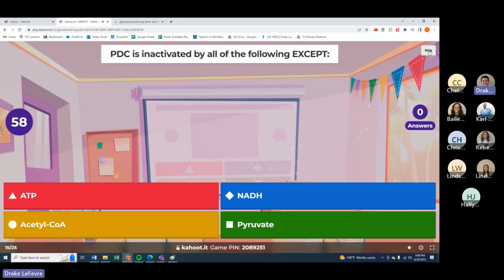Okay, so PDC is inactivated by all of the following except. Remember that PDC is converting pyruvate to acetyl-CoA. So think about in what situation we would not want to convert more pyruvate to acetyl-CoA.